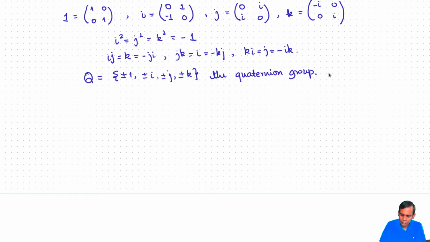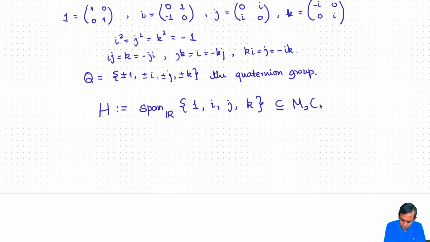Now the ring of quaternions is defined as H, the real span of 1, i, j, k. So what does this mean? These 4 elements can be thought of as vectors in the vector space M2C of 2 by 2 complex matrices.